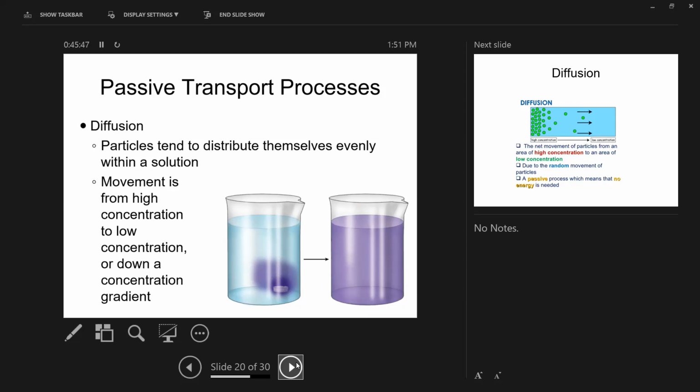And we would have this purple color, or red or blue or green or whatever it was, in the beaker. It would be in balance. There would be no dark or light spot there. It would all be the same. It would be equal. That's why we call it equilibrium.